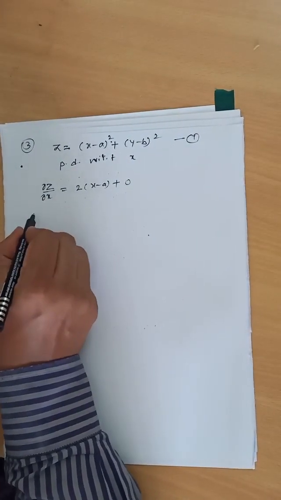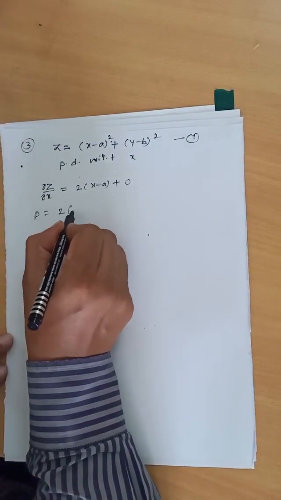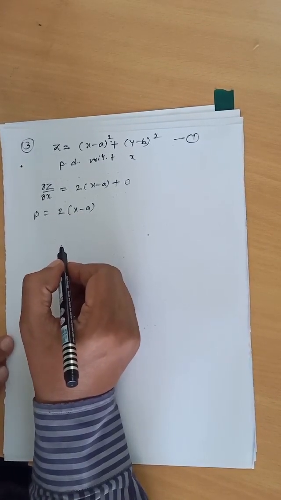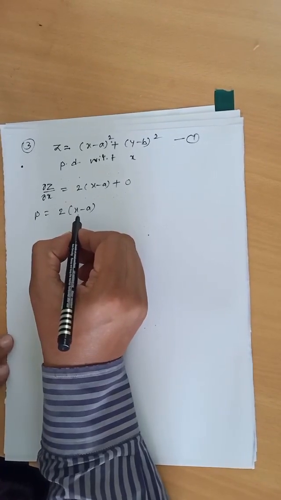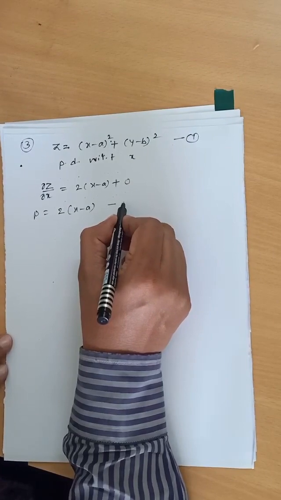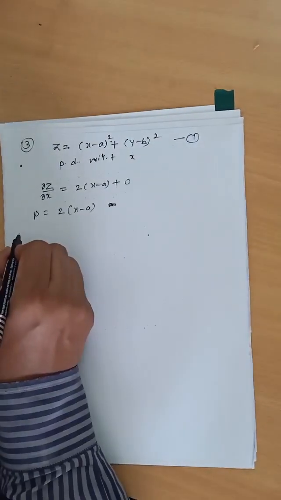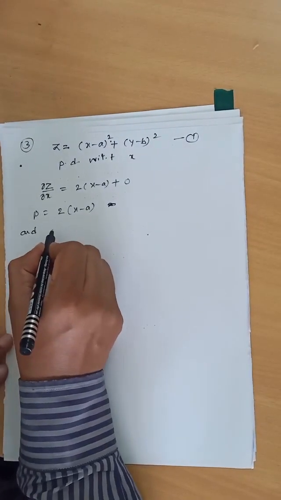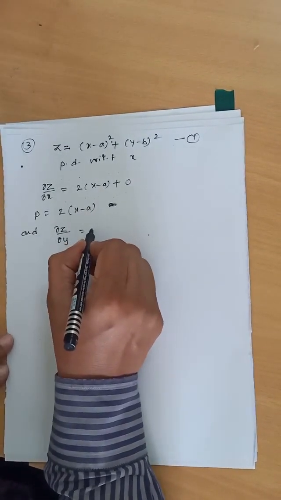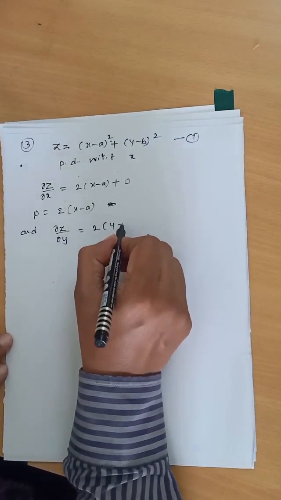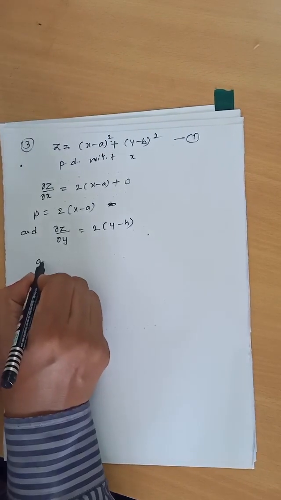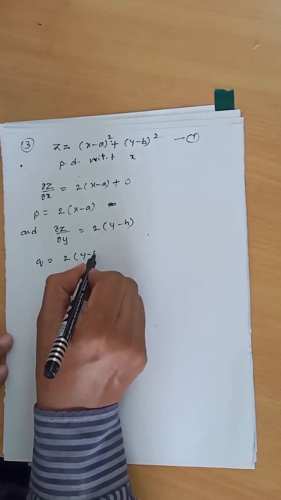Denoted by p, p is equal to 2 of x minus a. Call this equation number 2. Next, after finding dou z by dou x, dou z by dou y, obviously y minus b. Denoted by q, q is equal to 2 of y minus b.